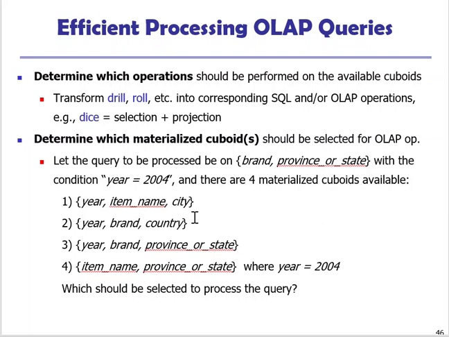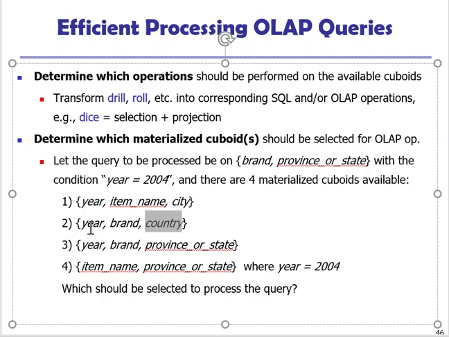We also need to keep in mind that when data is aggregated, we cannot find the finer grained data. So for example, if we have in this cuboid data for country, here we're going to have, for example, in year 2000, Lenovo computer has been sold in US or Canada or China or whichever country.